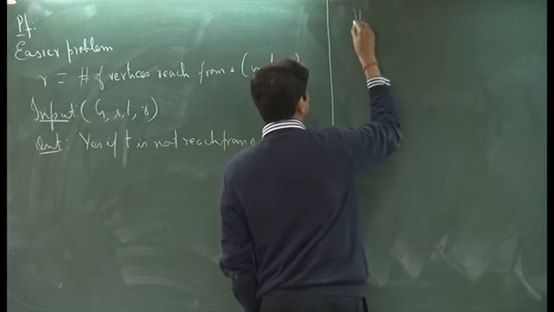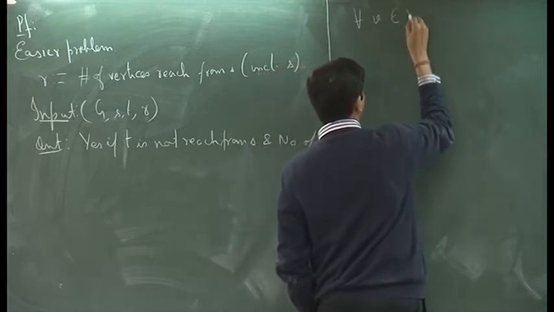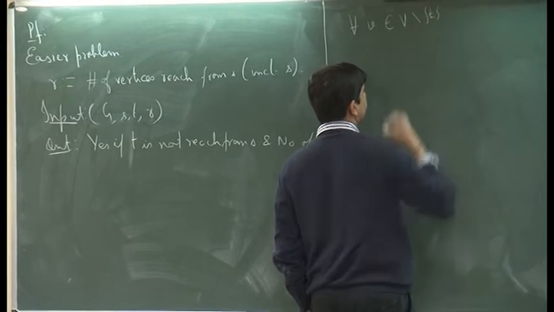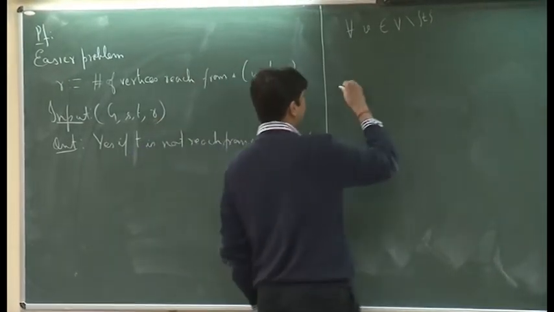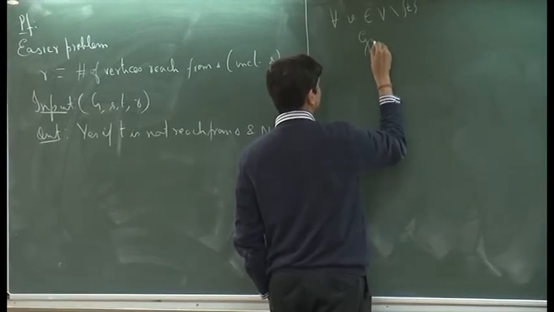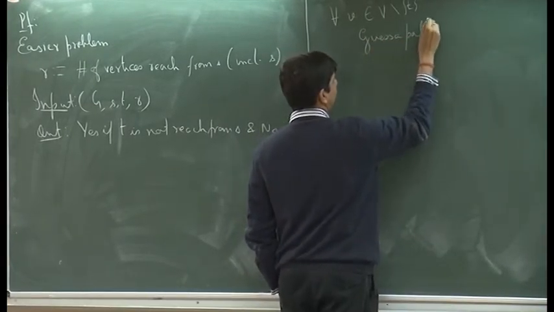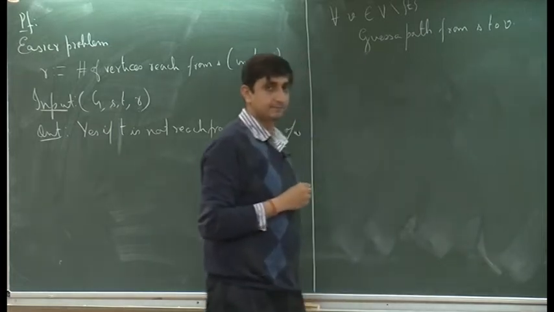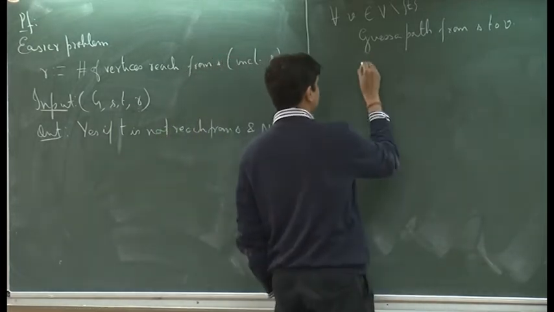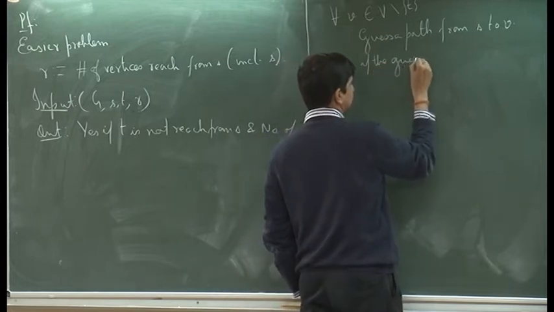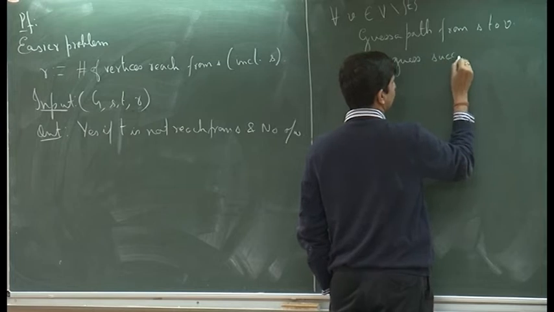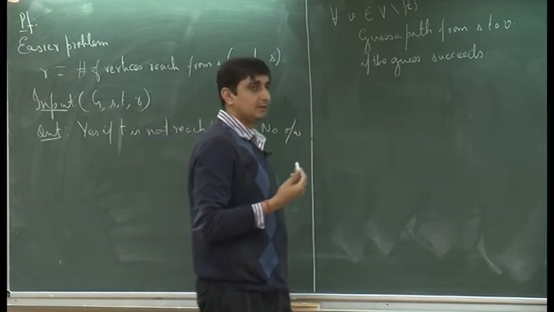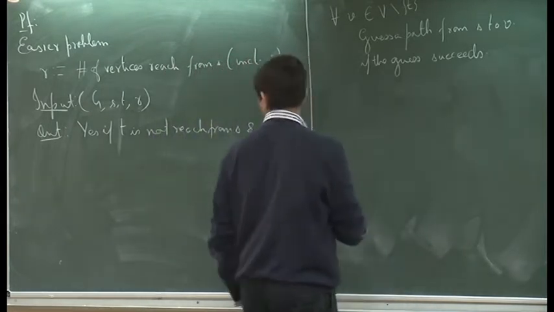For all vertices V belonging to the vertex set of G minus T, guess a path from S to V. If the guess succeeds, that is if I am actually able to correctly guess a path, then, well, I need to keep a counter.